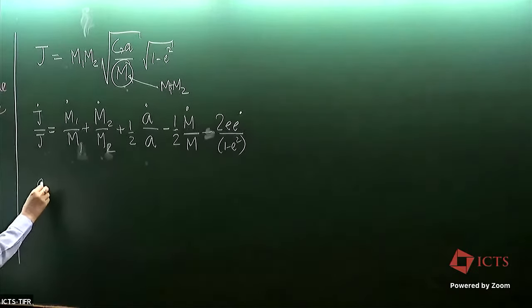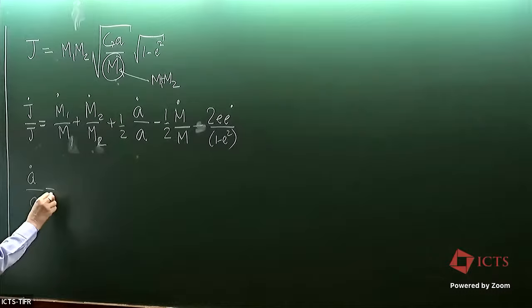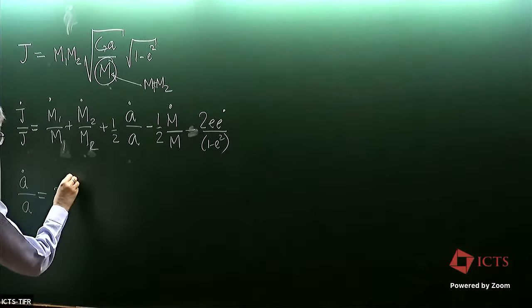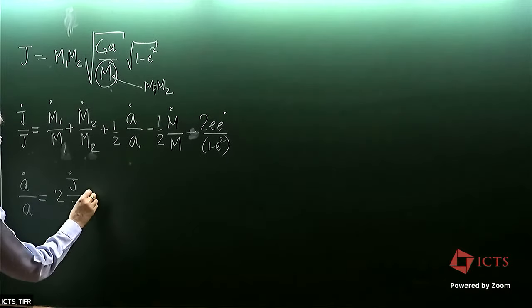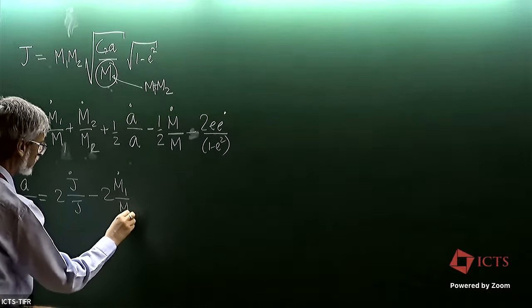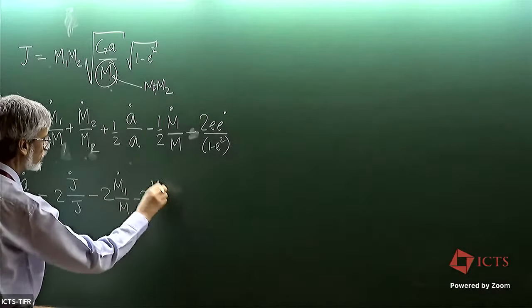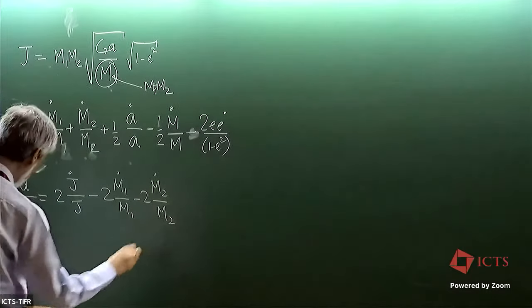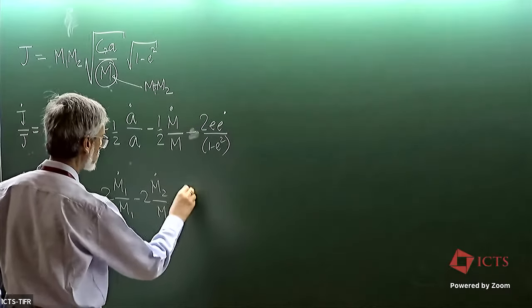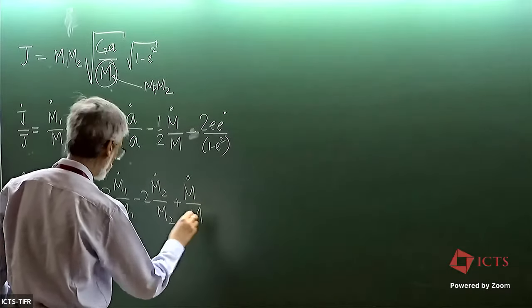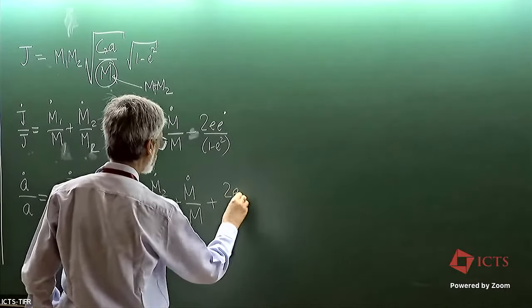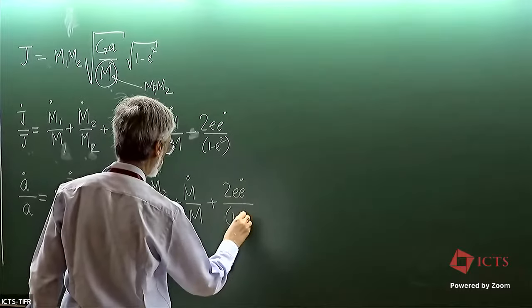So A dot over A is 2 J dot over J minus 2 M1 dot over M1 minus 2 M2 dot over M2 plus M dot over M plus 2 E dot over 1 minus E squared.